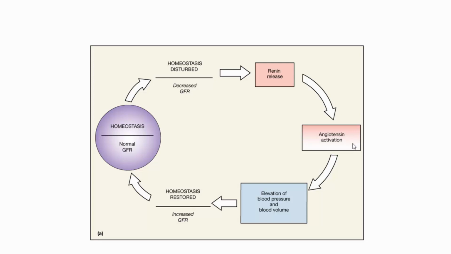Angiotensin constricts blood vessels down, which raises blood pressure. So we have elevation of blood pressure and blood volume, and that is going to increase the GFR, and homeostasis should be restored.